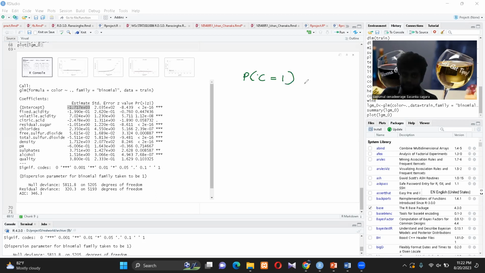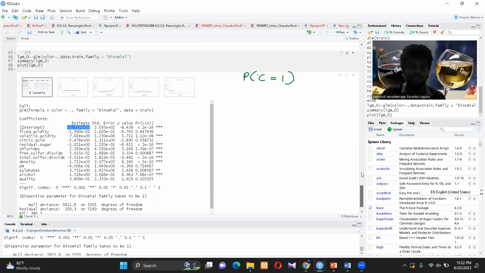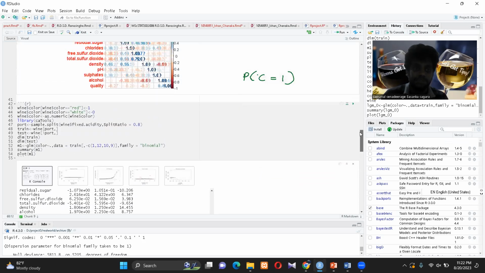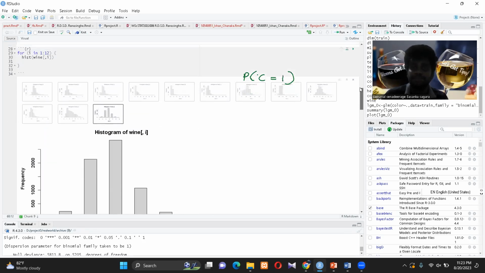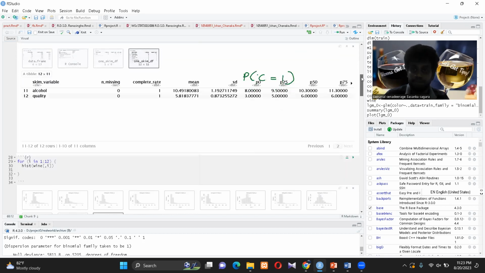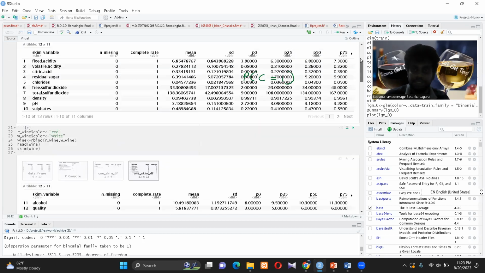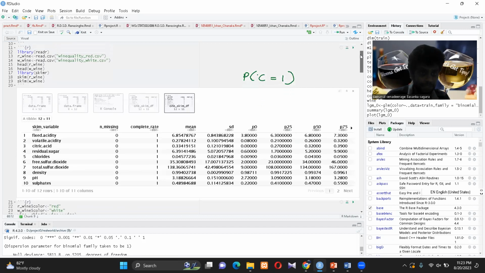I don't remember what that is. I think it must be red wine. Let me check this code again. We have already done everything up to this moment, gradually from A to Z.